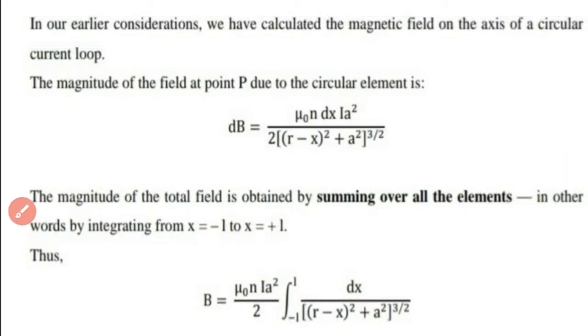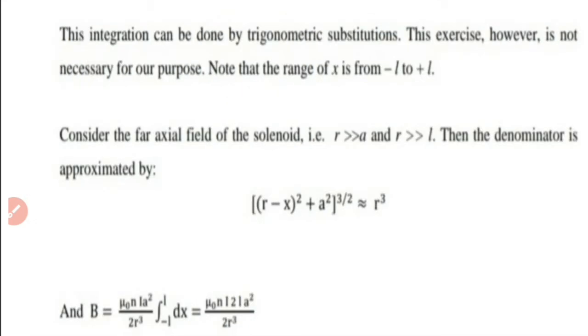So total magnetic field B is equal to mu 0 n I a square by 2 integral minus L to plus L dx divided by (r minus x) whole square plus a square whole raised to 3 by 2. So that integration limit is from minus L to plus L. Now we have to do actually the trigonometric substitution and all, but here we do one approximation.